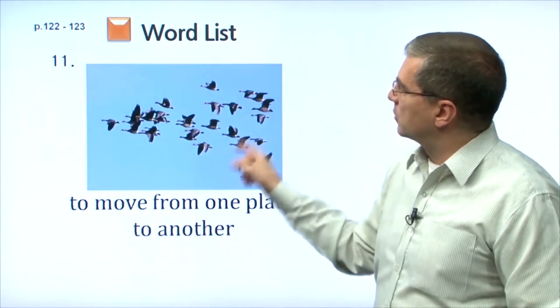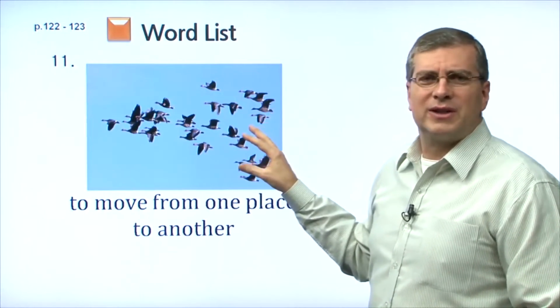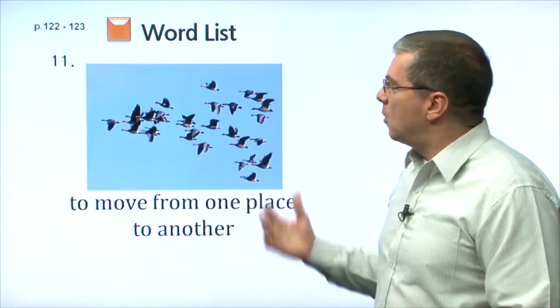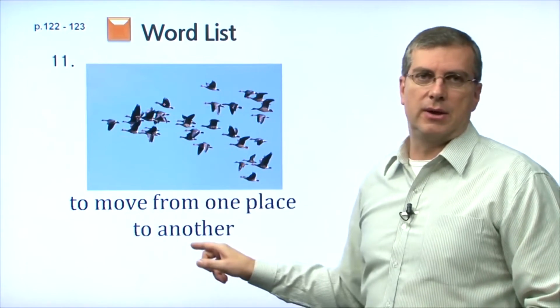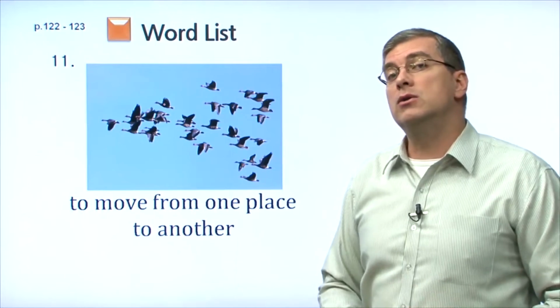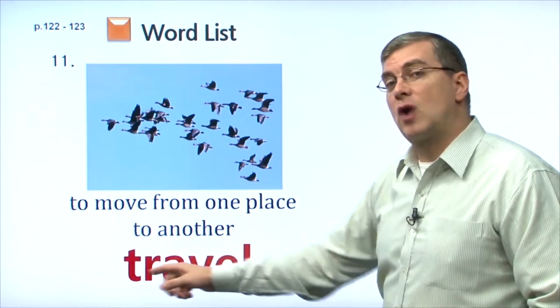Wow, look at these birds. Where are they going? They are going, of course, it must be getting cold, and they're going south. Well, what are they doing? They are moving from one place to another. So if you move from one place to another, what are you doing? It's a verb. Travel. Travel.